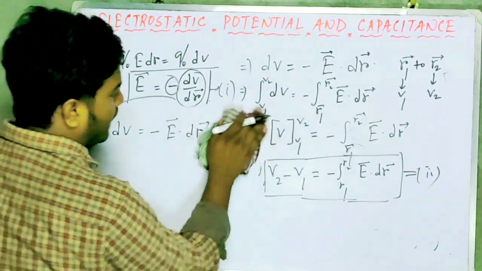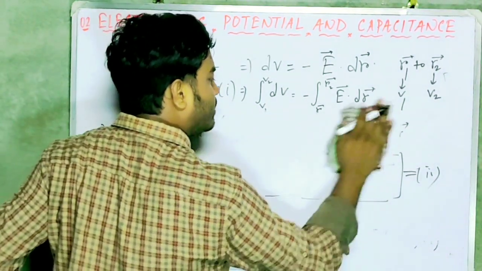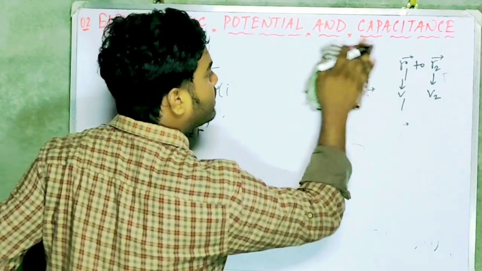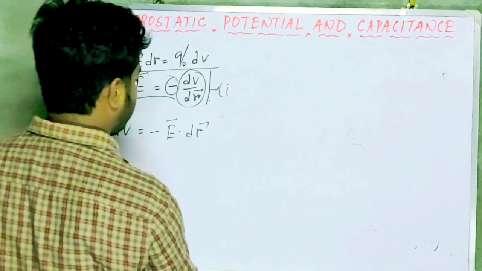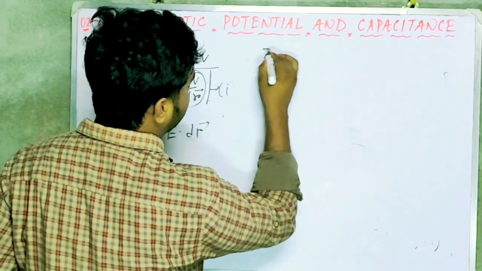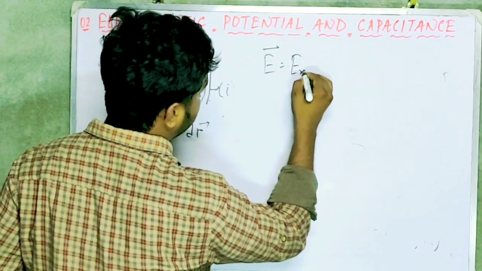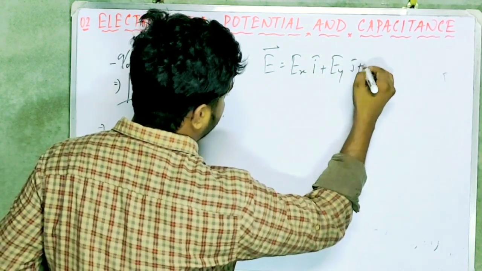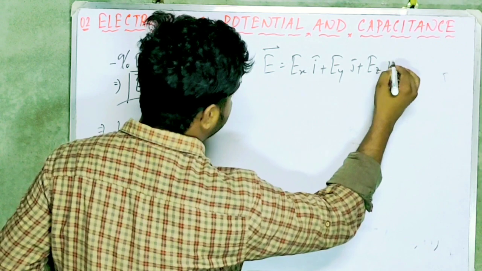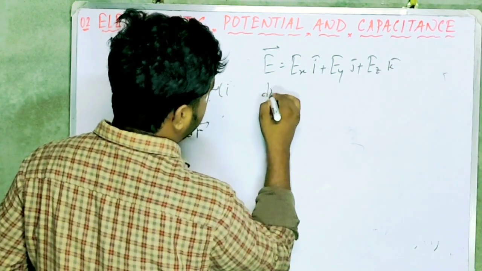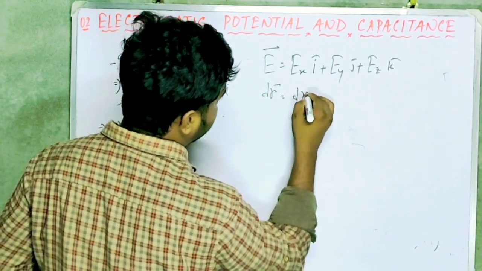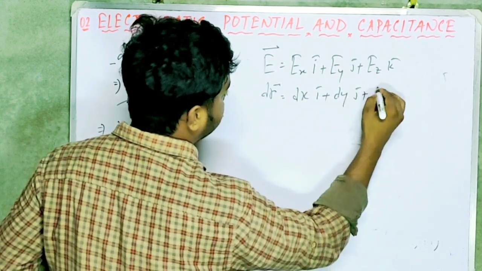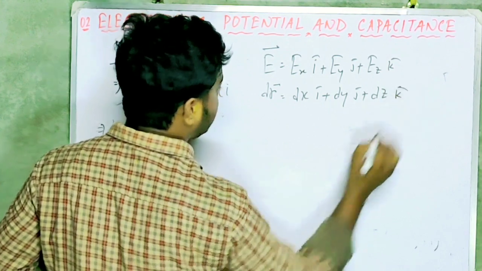Here the electric field and dr are both vector quantities, which can be represented as E vector equals Ex i cap plus Ey j cap plus Ez k cap. Similarly, this is a position vector, so it can be represented as dx i cap plus dy j cap plus dz k cap.